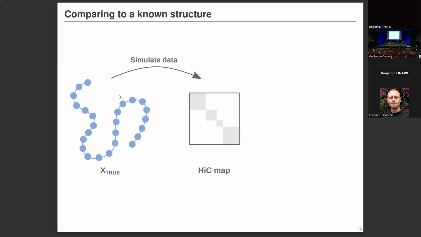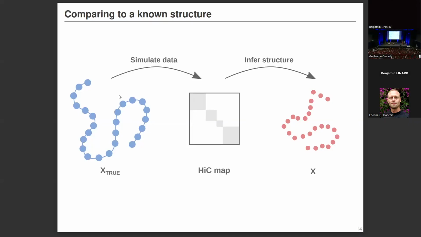One of them is the fact that the models that we're inferring are not actually 3D structures. And the second is, even if they were, how would we measure this 3D structure? So what we've been doing is simulating a known structure, then simulating data from it, then inferring the structure, and then we can compare X with X true.